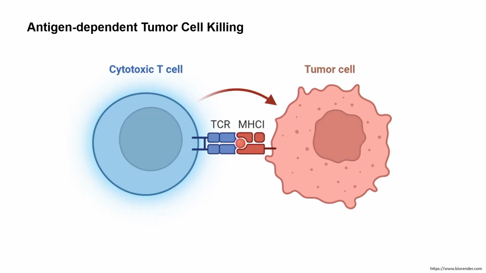So next, MHC does play a very important role in tumor killing. The tumor cells are killed because they are identified by the human body as foreign. Now how is it possible, because tumor cells are our own cells? They are identified as foreign because of MHC1 molecules.